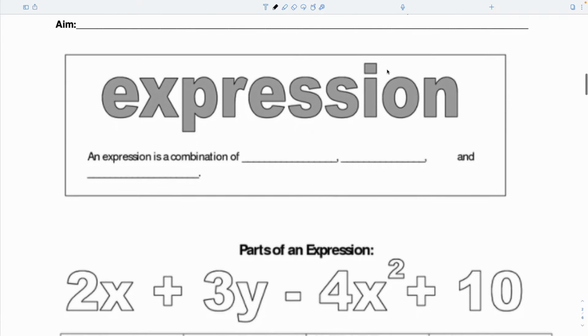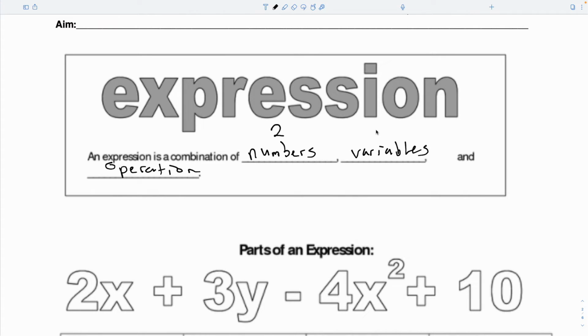So an expression is a combination of numbers, variables, and operations. Somebody have a question? I thought I saw a hand. A number is that.